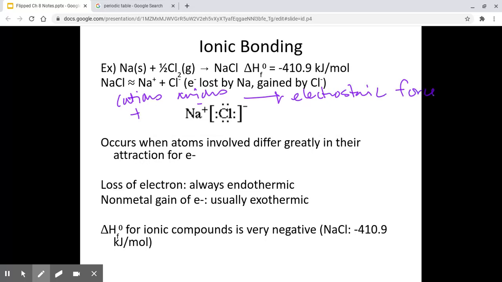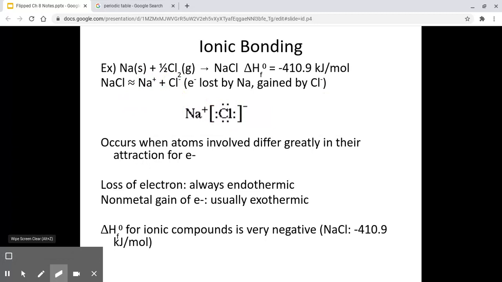Notice that already sodium has lost that electron and obtained noble gas configuration. Chlorine also has gained that electron and obtained noble gas configuration. Now, something interesting to note here as they write out the symbols: if something loses an electron and is now positive, you just draw it without any dots and you draw it with the charge.